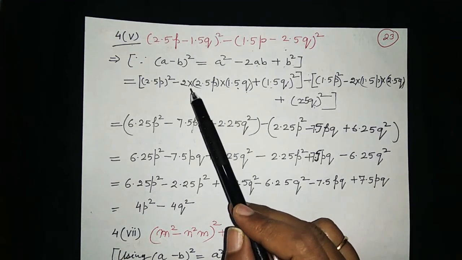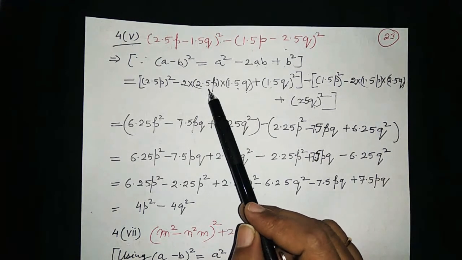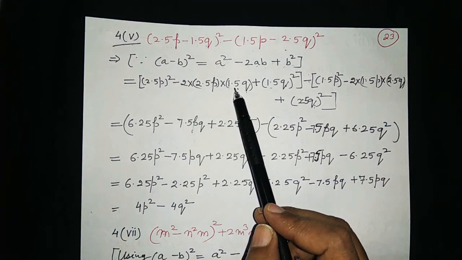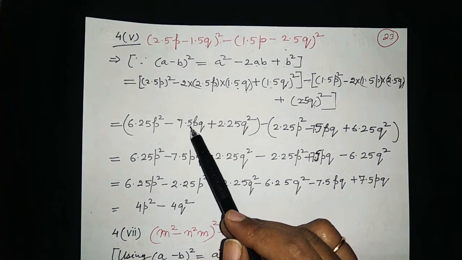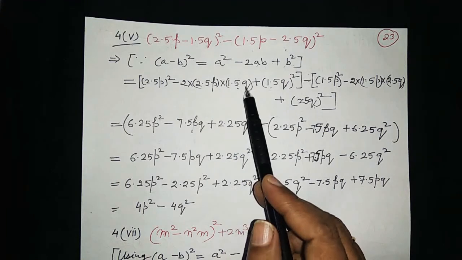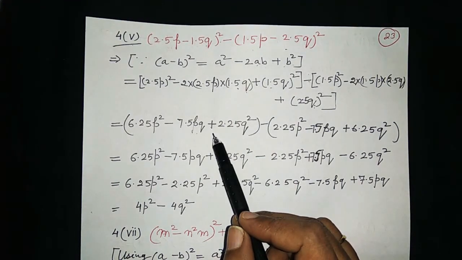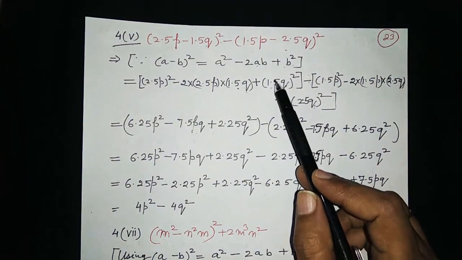Clear? 2 into 2.5, what will come? 5.0. Clear? 5.0. And 5 if you multiply with this 1.5, what you will get? 7.5. So here you will write 7.5 and this pq. Clear? Plus, and here 1.5q whole square.